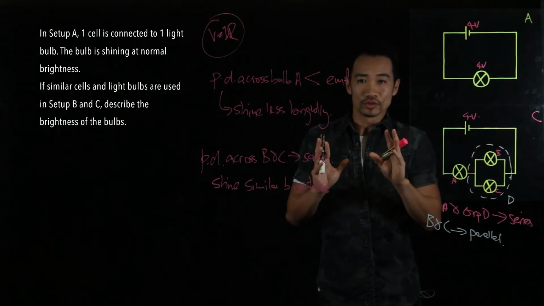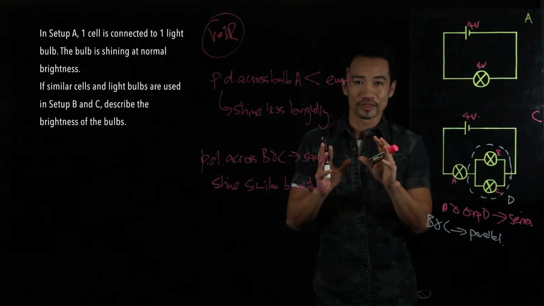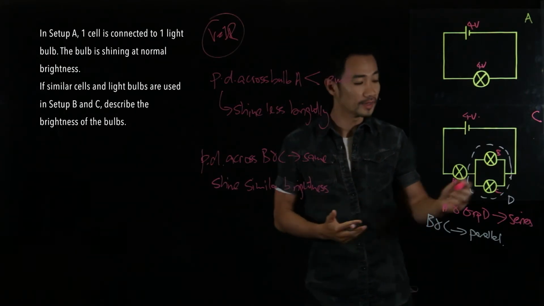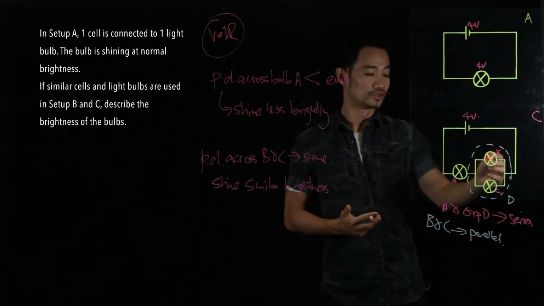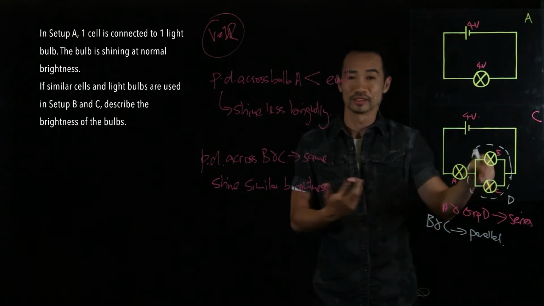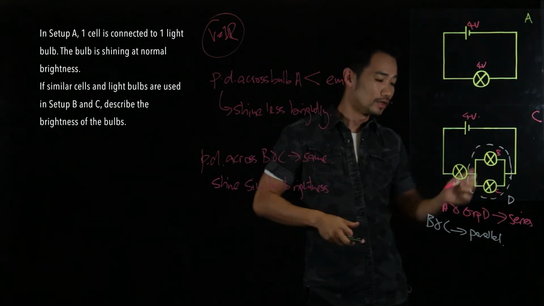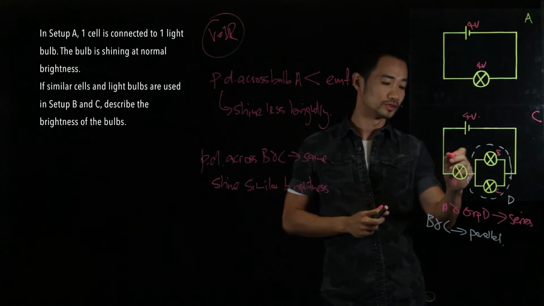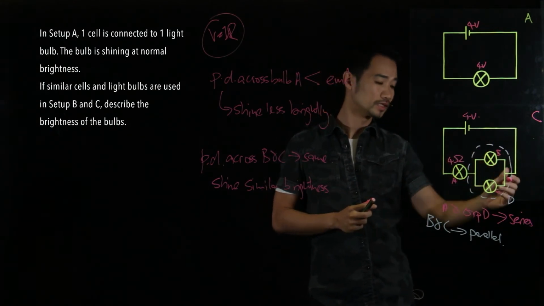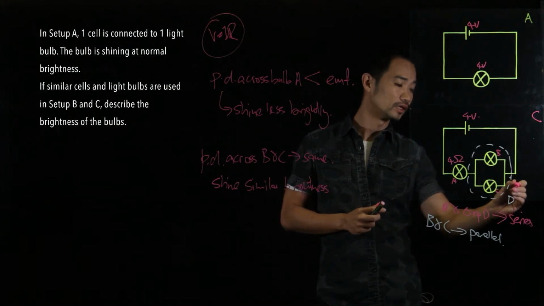Here you need to understand calculating effective resistance. Remember what I told you, that the total resistance of resistors connected in parallel will be lower than the one that has the least resistance. So if this light bulb has a resistance of 4 ohms, then the combined resistance of this setup must be less than 4 ohms.